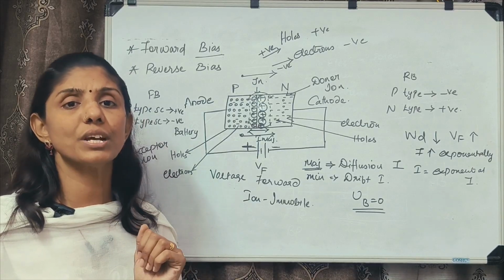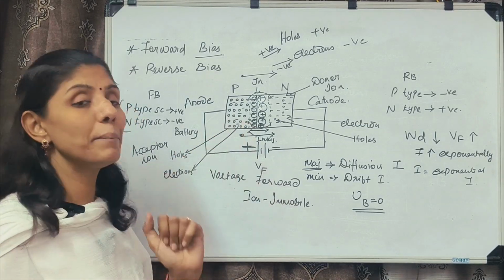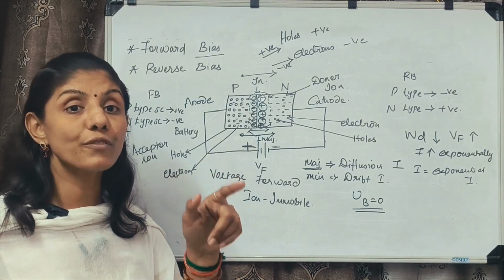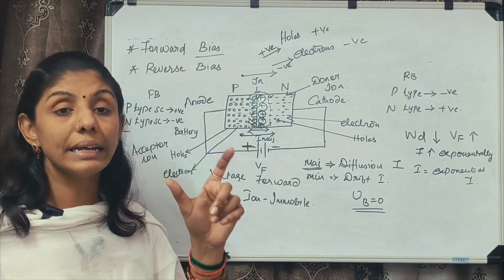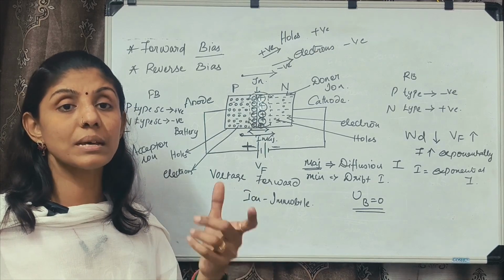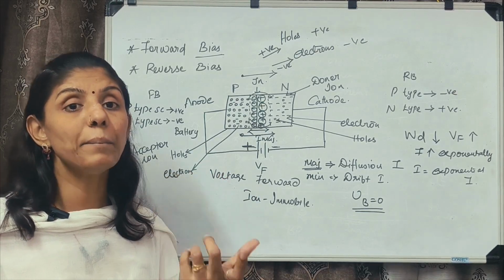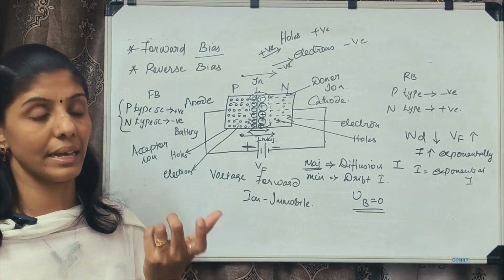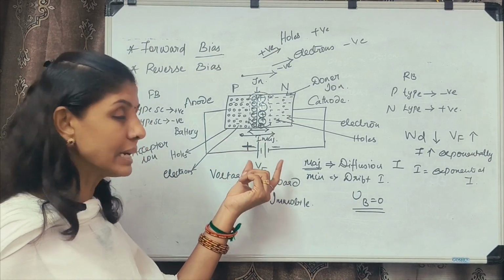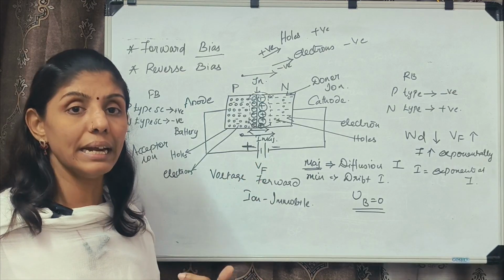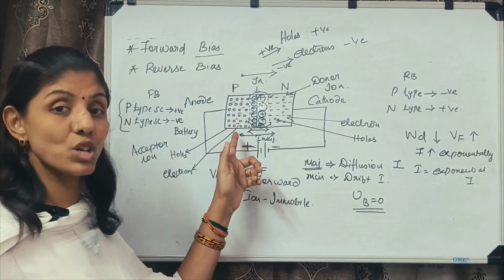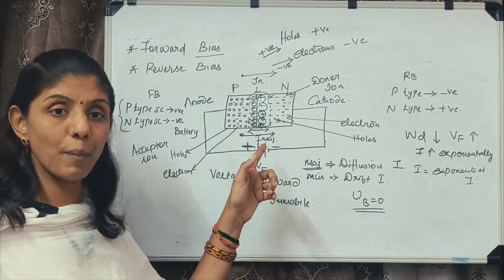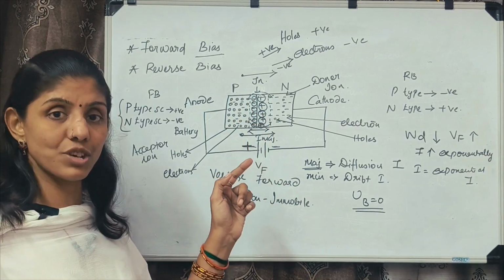Why is the barrier potential available? Near the junction, the immobile ions are available. Because of those immobile ions near the junction, some barrier is created. That barrier provides the potential because of the immobile ions there. I am increasing my forward voltage again and again. So what will happen? The majority charge carriers get recombined with the immobile ions available near the junction.